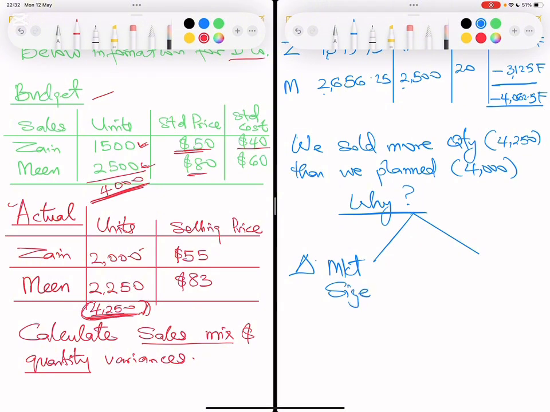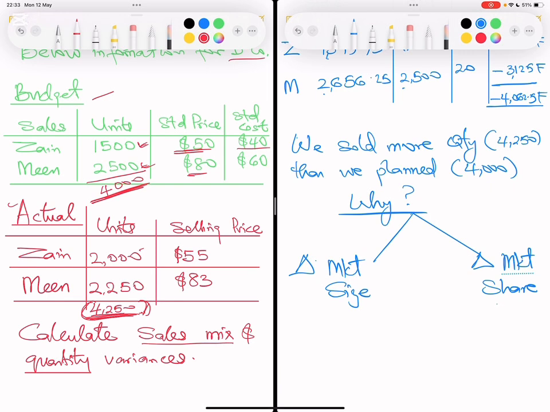We have new customers coming into the market, so we're able to get more customers. Or a change in market share. Which means we've been able to convince more customers that were not ours before. We have been able to convert them from our competitors to become our own customers through our promotion, marketing, and other activities. And that is our own effort.